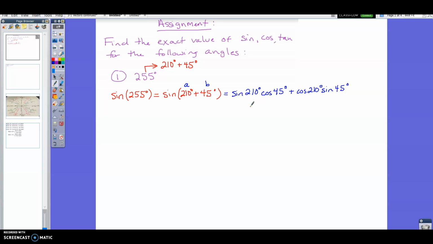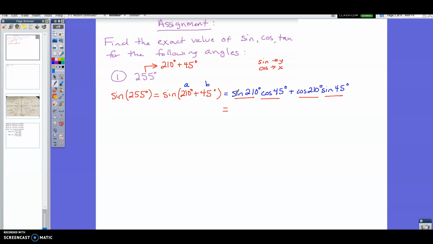Now, in order for us to get the exact value of these, we're going to use our unit circle to replace the sine of 210, cosine of 45, cosine of 210, and the sine of 45. So remember, sine is the y value, cosine is the x value. Okay, so we're going to replace each of these values on our unit circle.